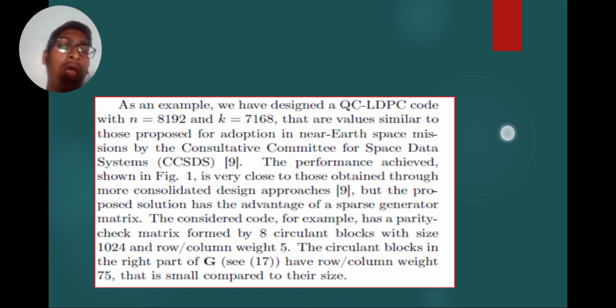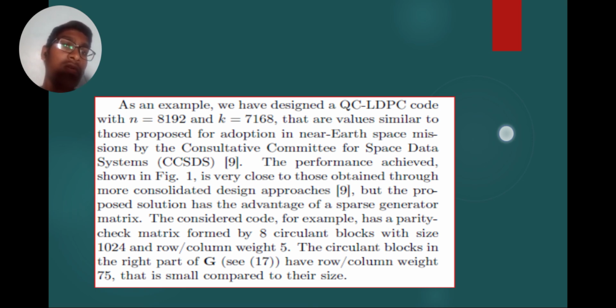The considered code, for example, has a parity check matrix formed by 8 circulant blocks with size 1024 and row or column weight 5.